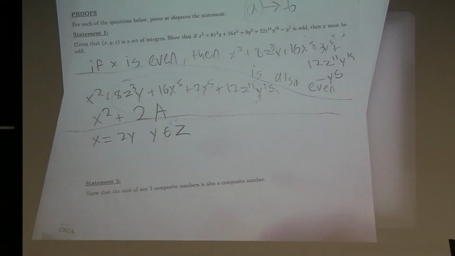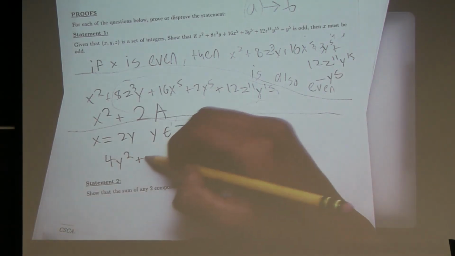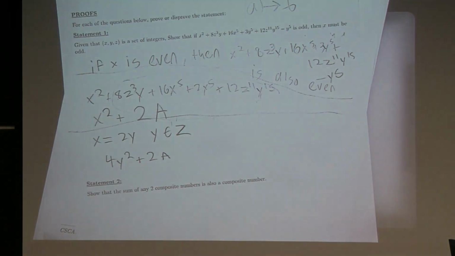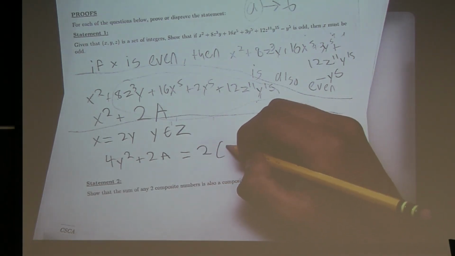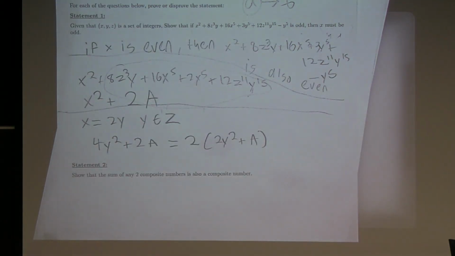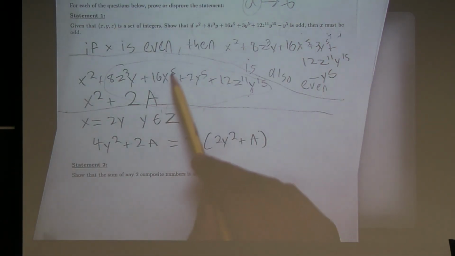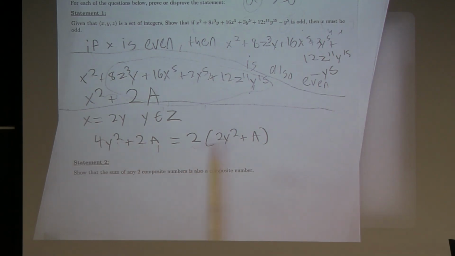So we can substitute that in for x, and we get 4y squared plus 2a, and we can factor out a 2 here, which becomes 2 times 2y squared plus a. Remember, we want to show that this entire expression is even. This expression is equivalent to x squared plus 2a, which is equivalent to 4y squared plus 2a, which is equivalent to 2 times this expression.